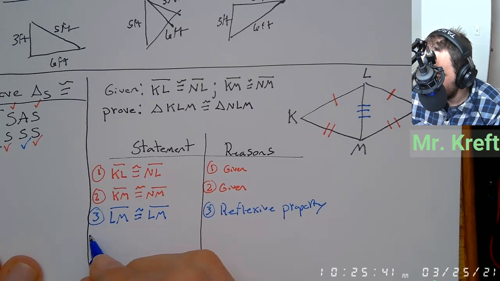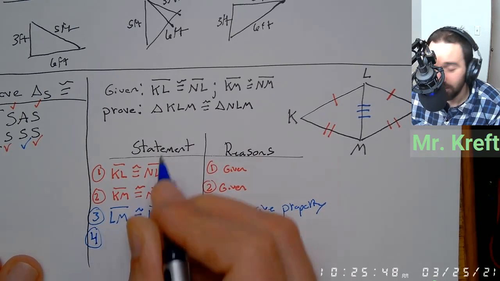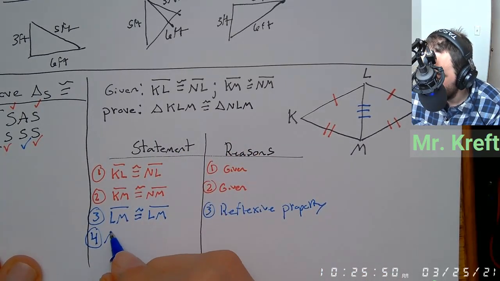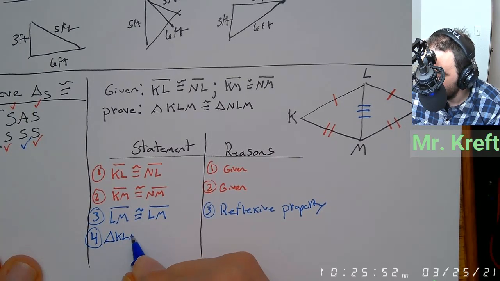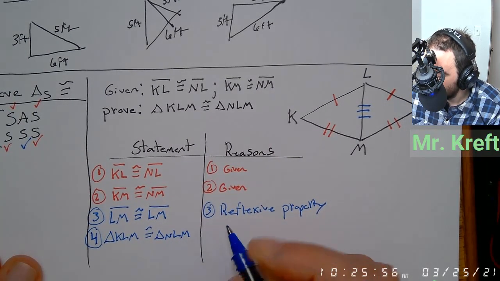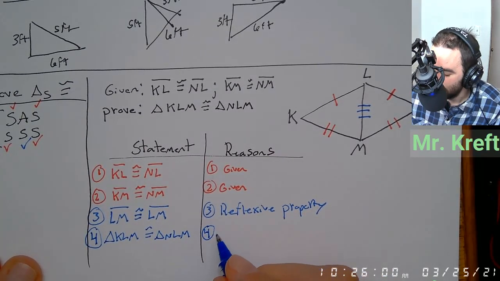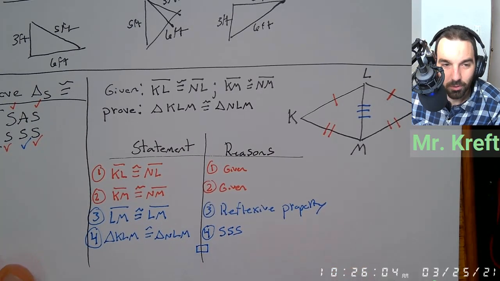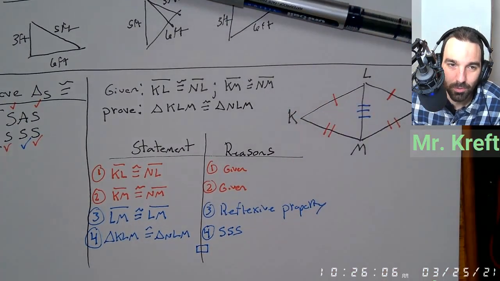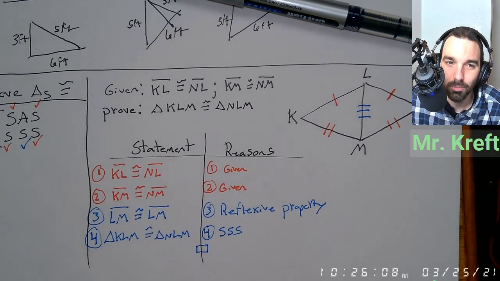So I can just say the triangles are congruent. So triangle KLM is congruent to triangle NLM. And what's our reason? Our reason is SSS. So it's the exact same process as before, but it gives us another opportunity to prove triangles congruent.